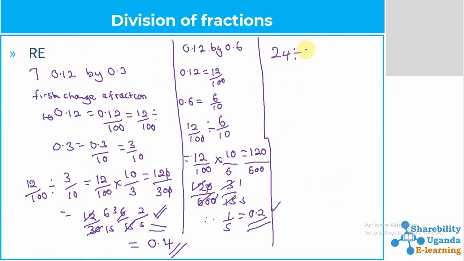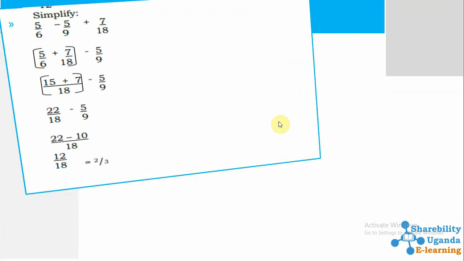We are going to divide it by these halves. So we shall say 24 times 2 out of 1. So 2 times 4, we are going to get 8 here. 2 times 2, there will be 4. So 48.